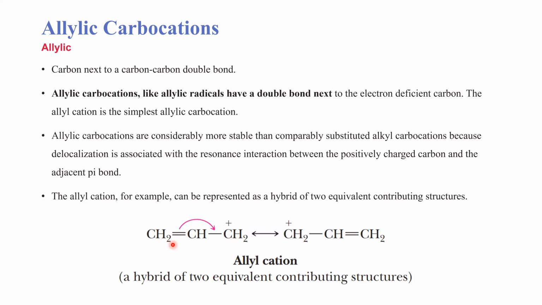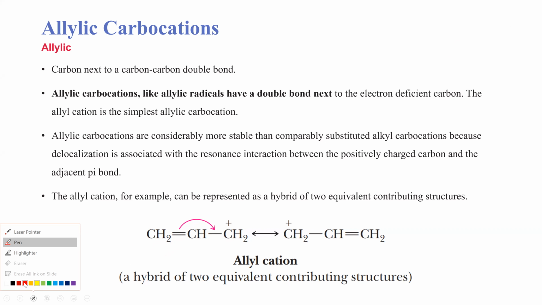This is the pi bond, and it can easily move or delocalize to the other side. And here that will be able to stabilize, and the carbocation will be formed.